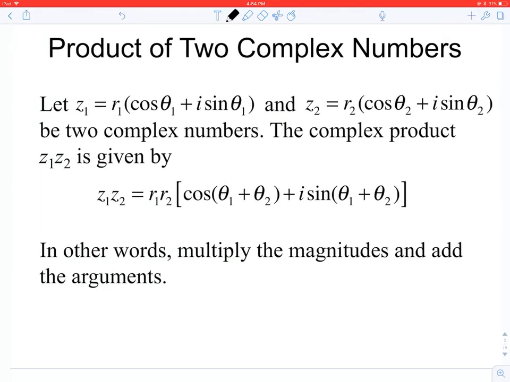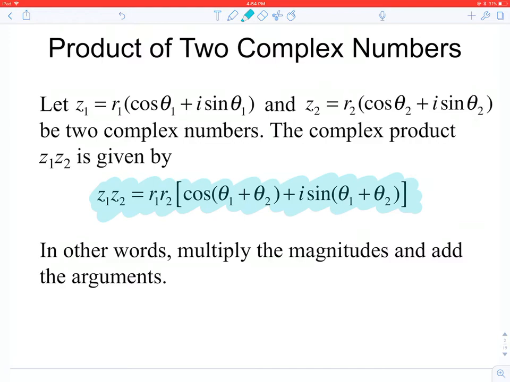So we're first going to look at finding the product of two complex numbers. If you're multiplying a complex number that's in polar form by another complex number that's in polar form, you can use this formula for finding the product, where basically you multiply the magnitudes and you add the arguments.